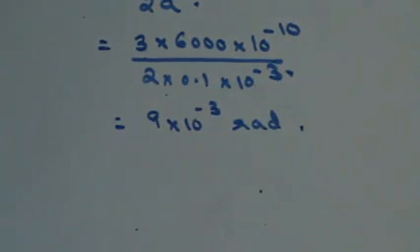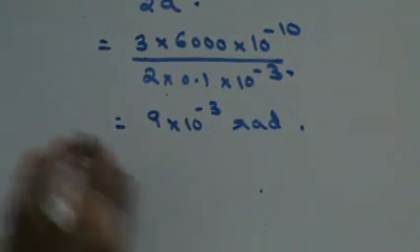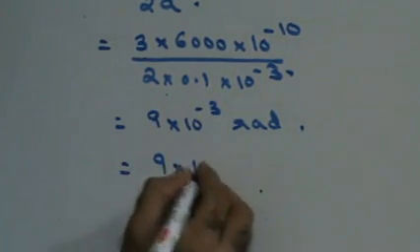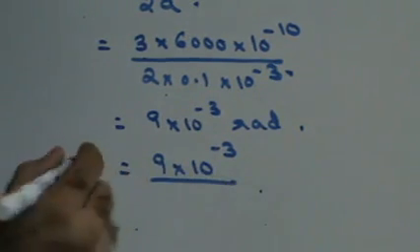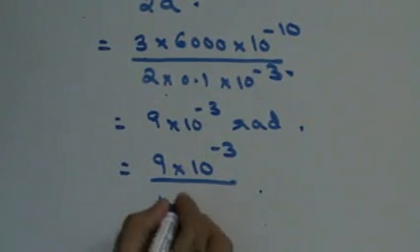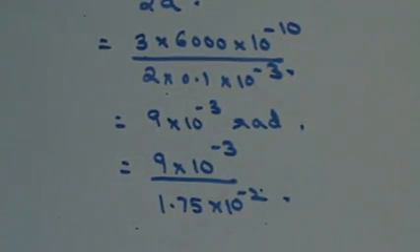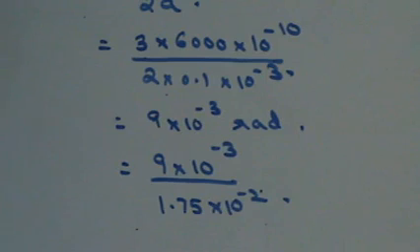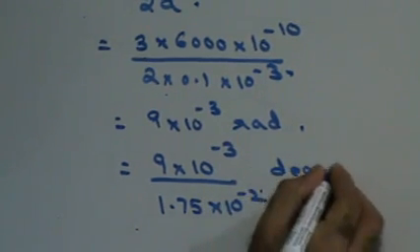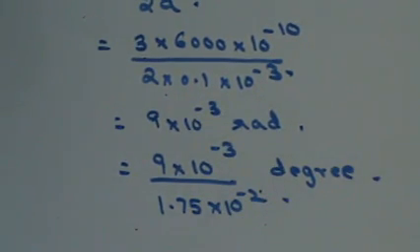To convert this into degrees, I divide by 1.75 into 10 raised to minus 2, which converts from radians to degrees. I will get 0.514 degrees. So that is going to be the angular position for the first maxima.